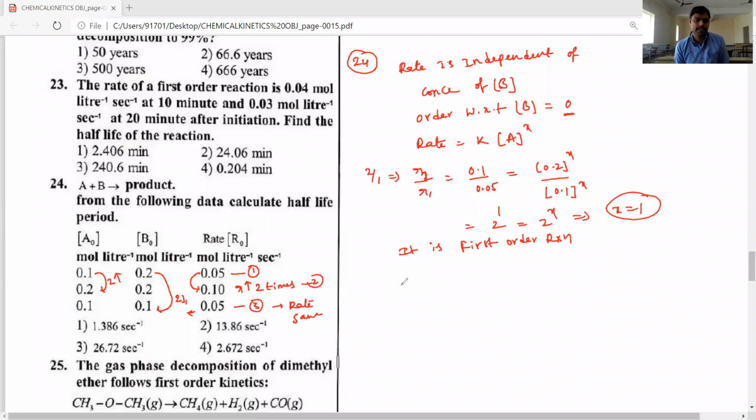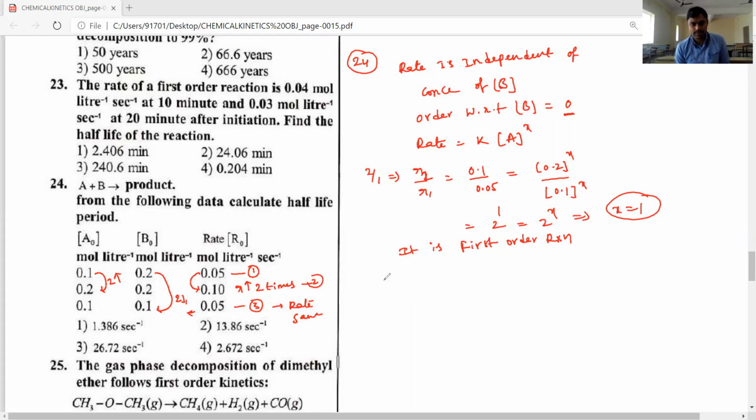Okay, for a first order reaction, half-life period is equal to 0.693 by K. But K value we don't know. From equation 1, you have to take any one equation.